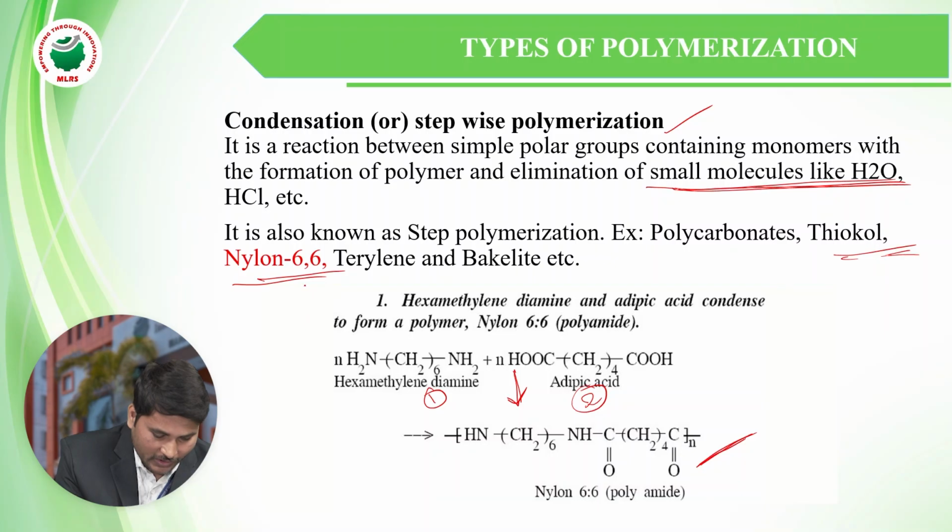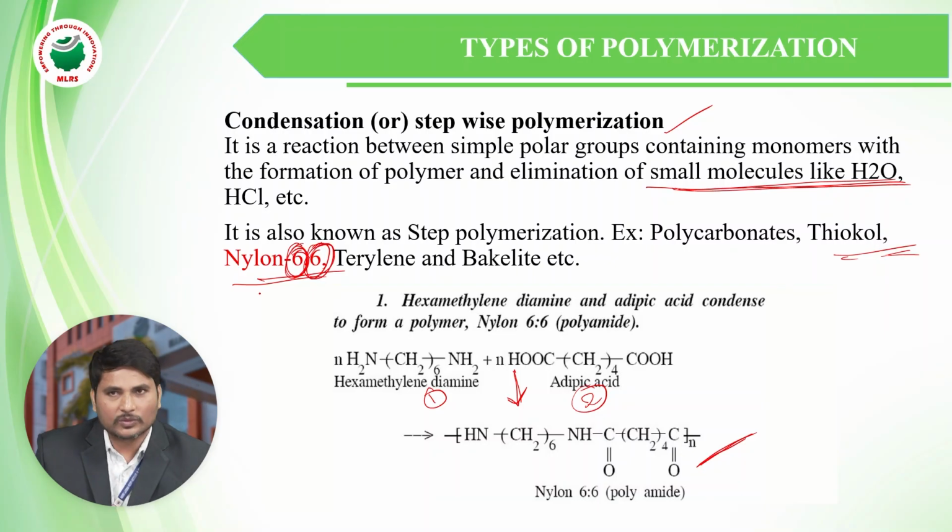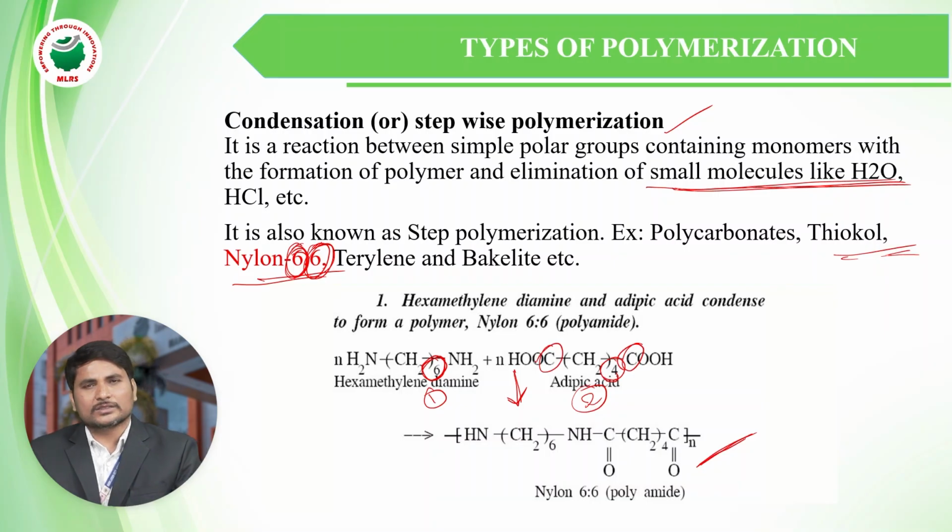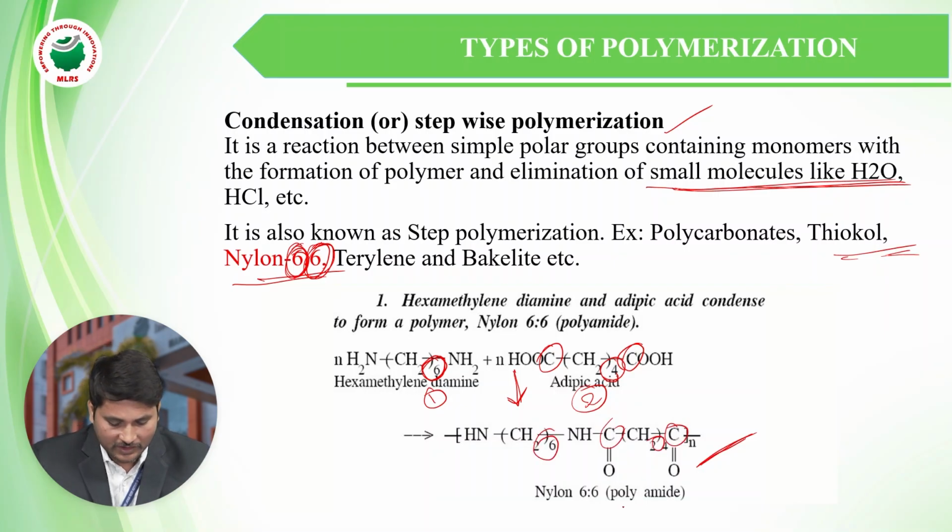Now why are we using two sixes in nylon 6,6? If you observe the two monomers, hexamethylene diamine has 6 carbons, and adipic acid also has 6 carbons.